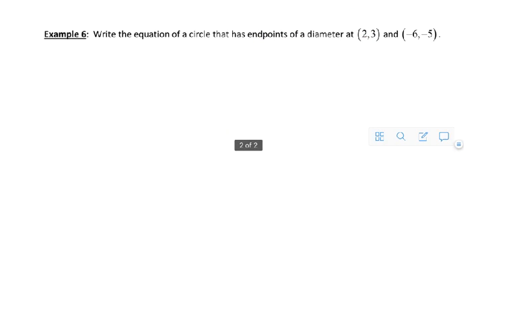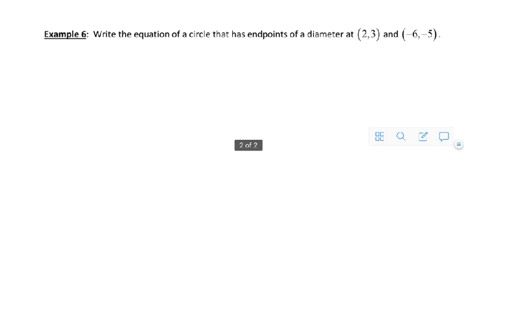What if I want to write the equation of a circle that has endpoints of a diameter at 2, 3, and negative 6, negative 5? Well, if I know the endpoints of the diameter, there are a couple ways of figuring out the radius of the circle. The radius of the circle is half the diameter. So if I find the length of the diameter and divide it by 2, I'll know the radius. But another way of doing this problem is to first find out where the center of the circle is.